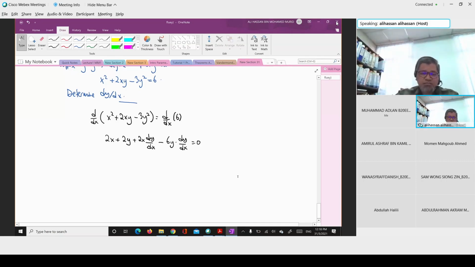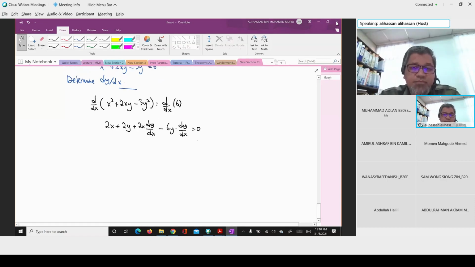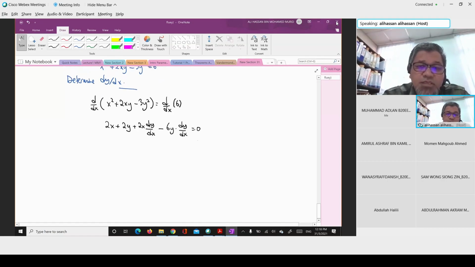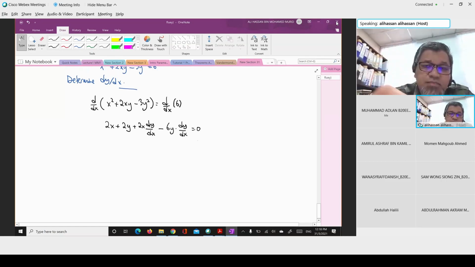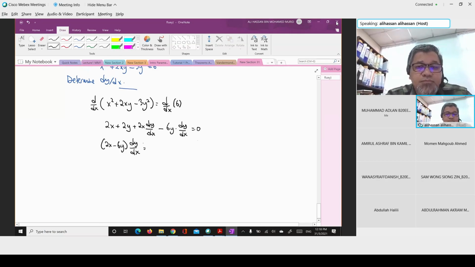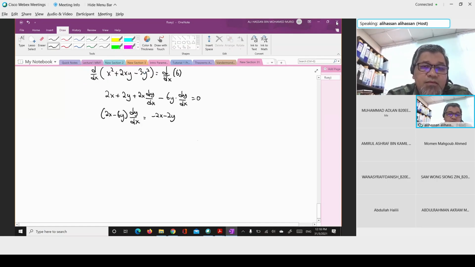And then we solve for dy dx from this equation. So we write this as 2x minus 6y times dy dx. The terms independent of dy dx, we move to the right hand side. So we get minus 2x minus 2y. And then we solve for dy dx.